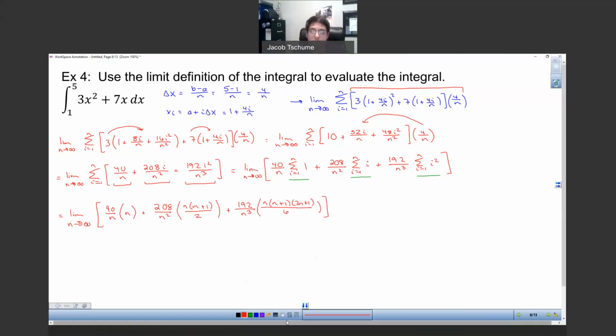All right, so now we've got to clean all of this up. It's not going to simplify perfectly, but we're going to simplify it the best we can. The only thing that I'm going to do first is simplify a few things here just to make it a little bit easier. So for example, n over n cancels. I'm going to go ahead and take care of that. 208 divided by 2 is going to give me a 104.